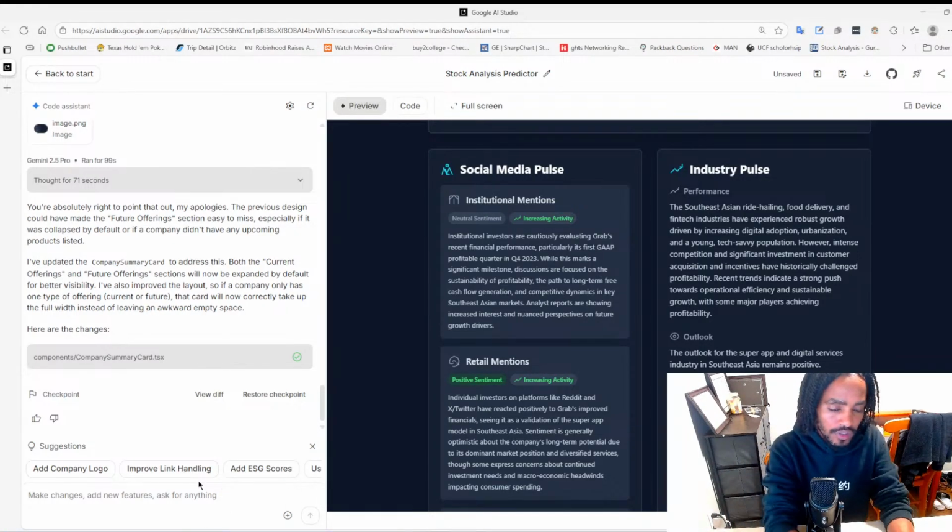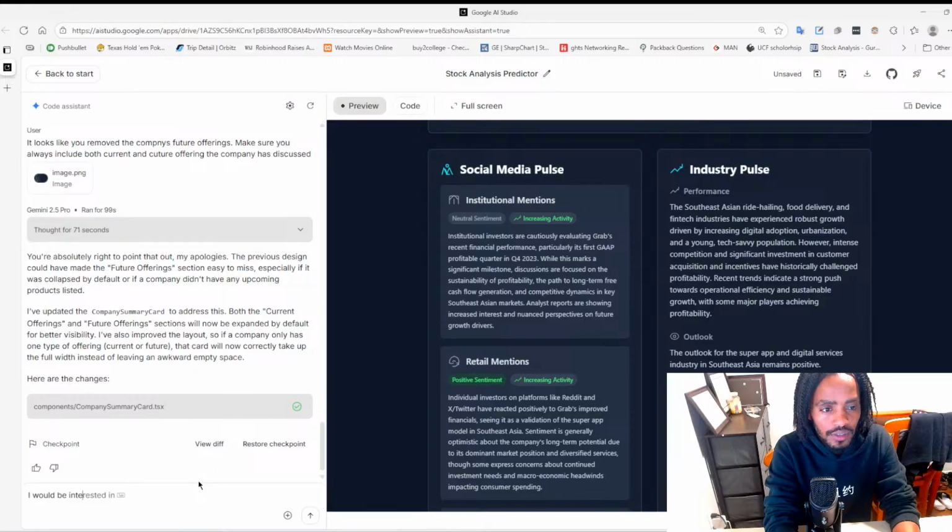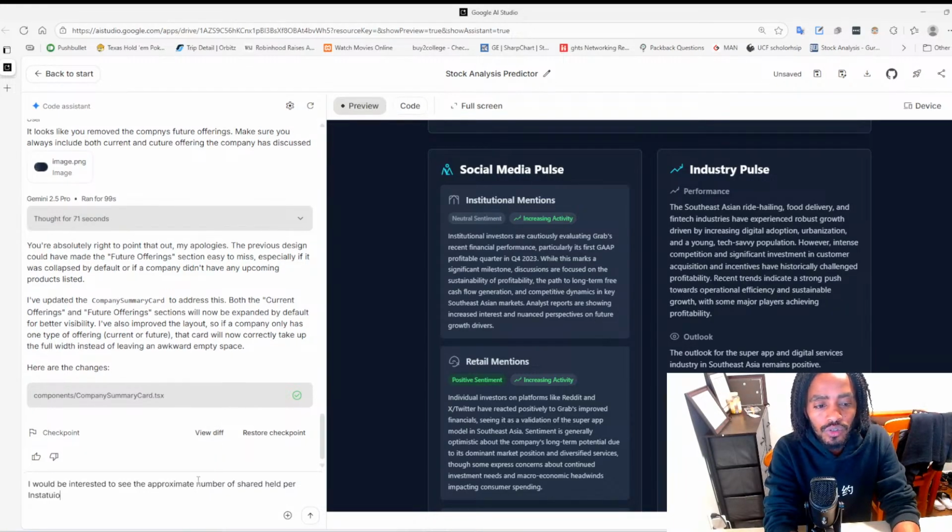Something that will be interesting to see on the site is the approximate number of shares held per institutional holders and retail holders, right? Shareholders.